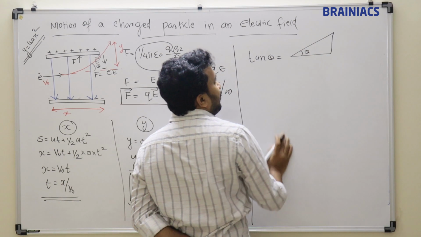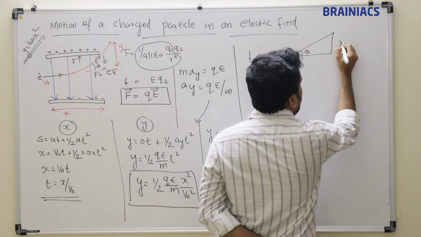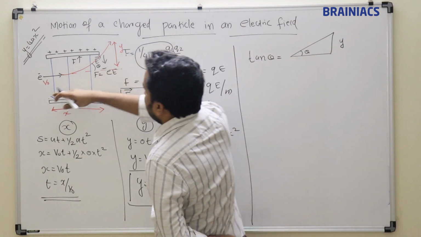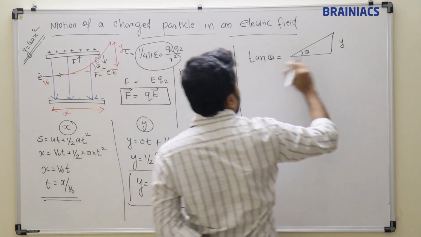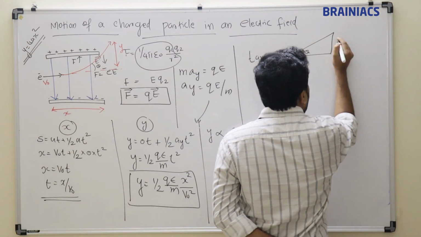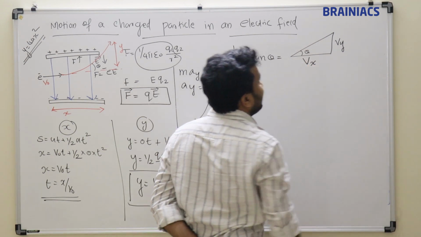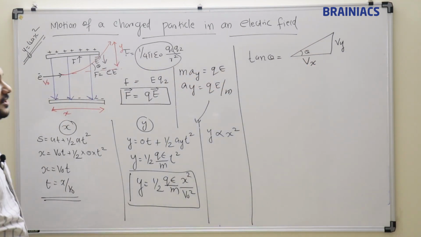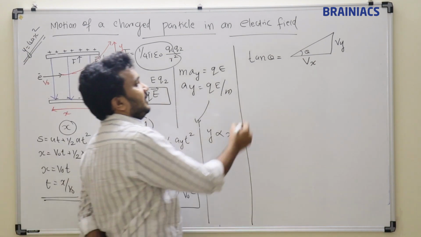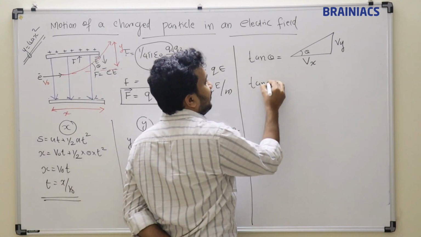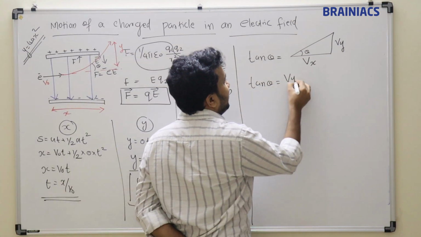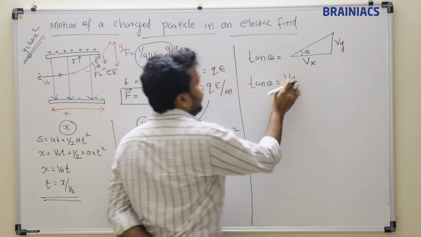So this is theta, here we have a Y component and up to this we have X. This component I am taking as velocity along the Y direction and this is velocity along the X direction. So tan theta will be equal to Vy divided by Vx.